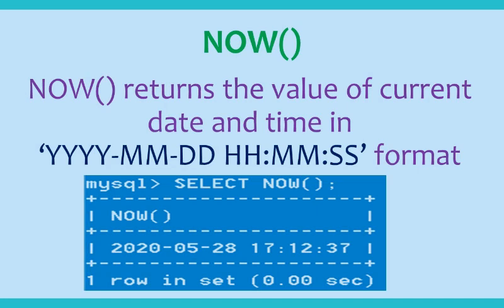Let's see the example. Command is select now semicolon. So it shows the current date in this format. First year dash month dash day, then space, hours colon minutes colon seconds.